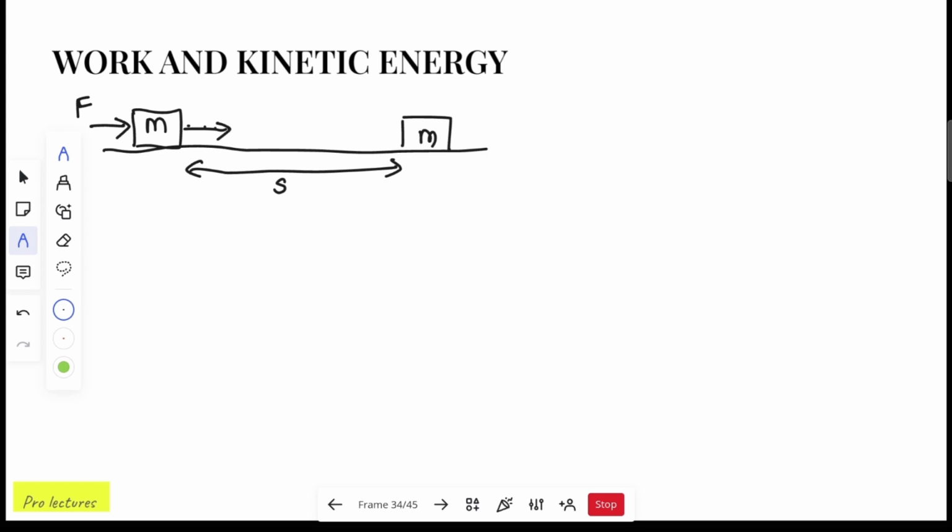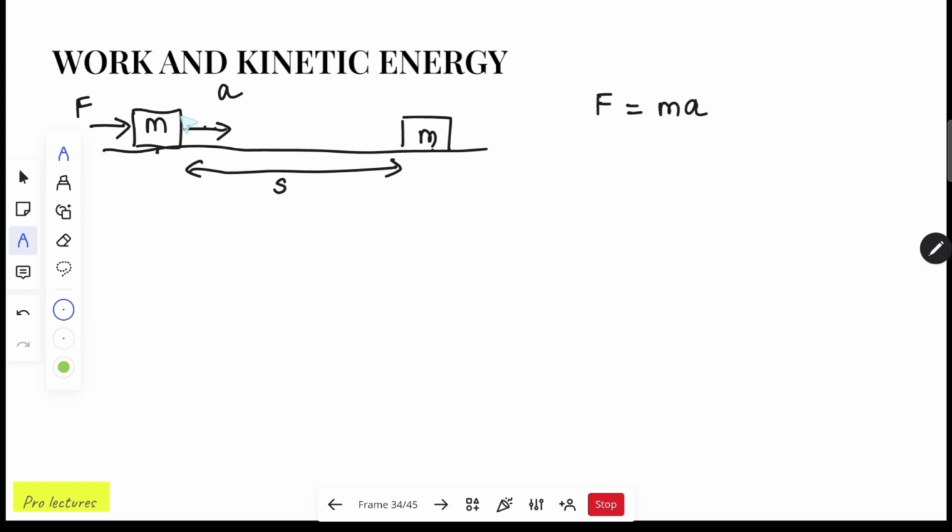So this contributes to work. Let's keep that work part separate. Now let's speak about this force. This force produces an acceleration because of which the object moved from here to here. Let that acceleration be A. Then from Newton's second law, we know force is equal to mass into acceleration.